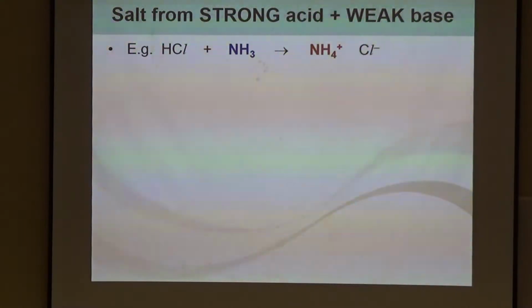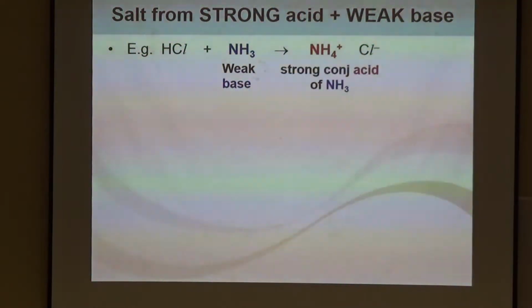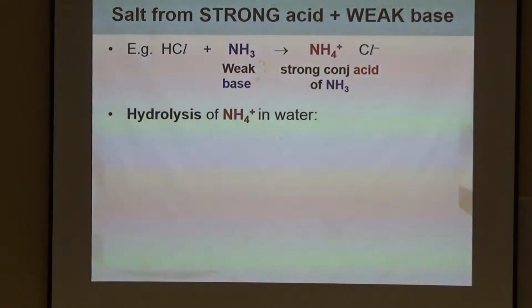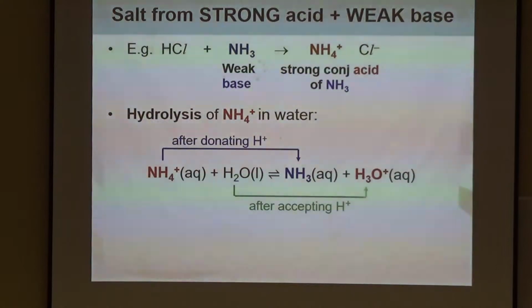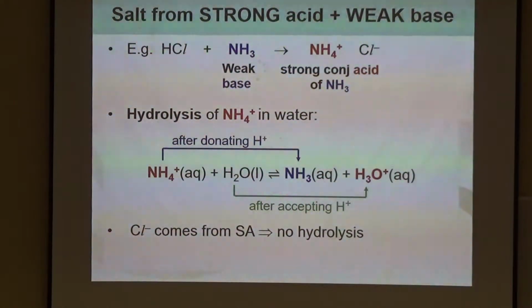Now HCl plus ammonia, you're getting ammonium chloride. The weak base has a strong conjugate acid, the ammonium ion, so it will undergo hydrolysis in water and you will get H3O plus. The chloride comes from hydrochloric acid, which is a strong acid, so there's no hydrolysis.